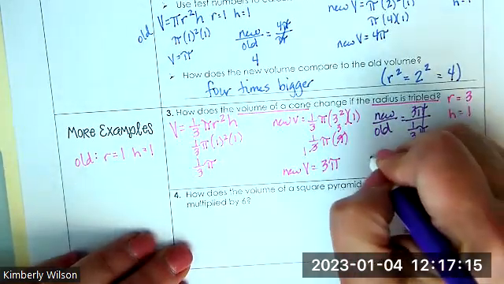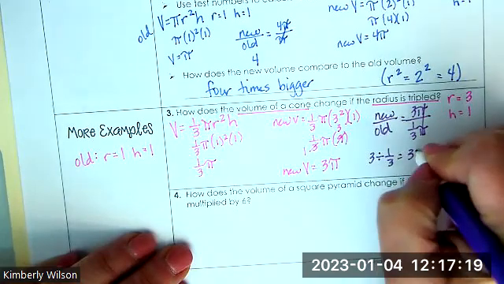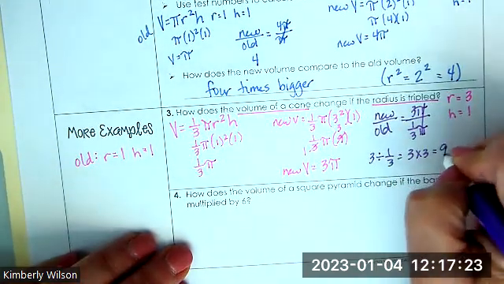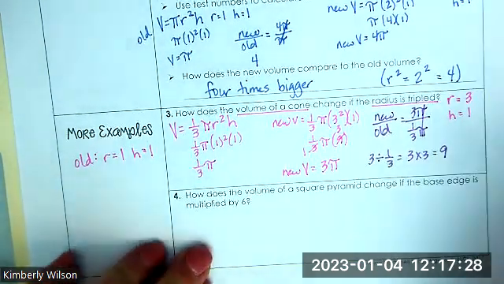But now I'm left with 3 divided by 1/3, which is the same as 3 times 3, which gives me 9. Now, the thing is, I can also think about working this.